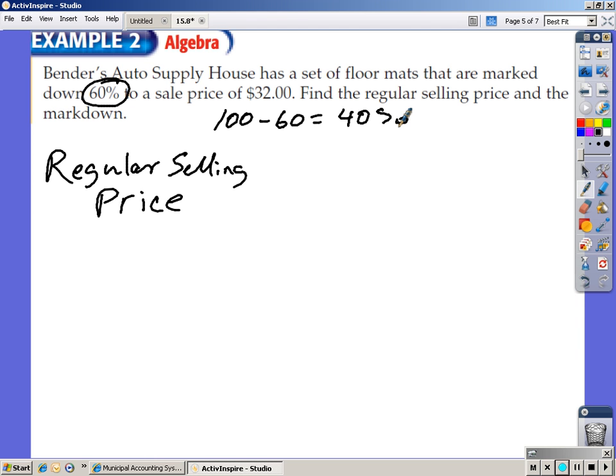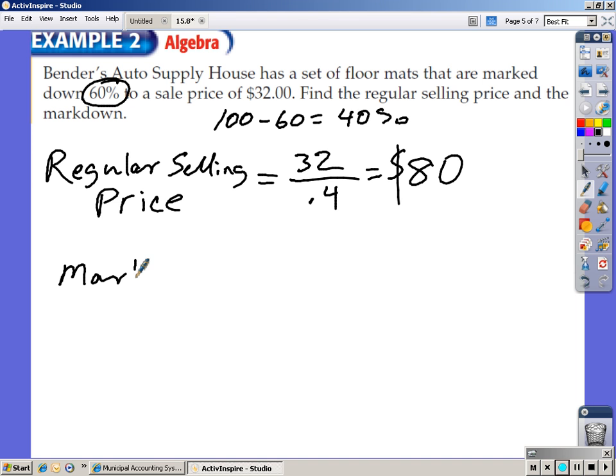Now, to find my regular selling price, all I need to do is take my sell price of $32 and divide it by the complement of 60. So 32 divided by 0.4 is 80. Now, I truly think that's a much easier method than what the book's showing. All right? Now, the next thing it asks us to find is our markdown.